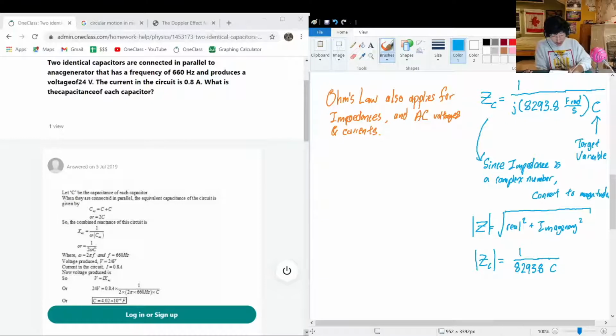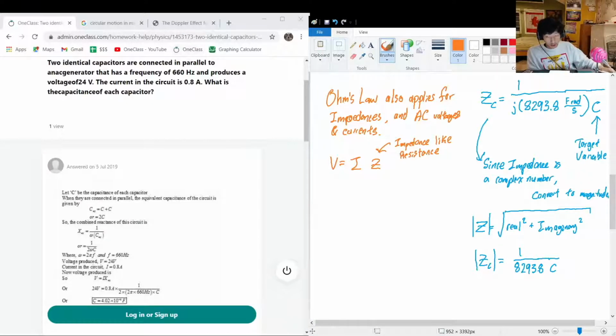Now we know Ohm's law is telling us that V equals I Z. Remember, impedance is like resistance.